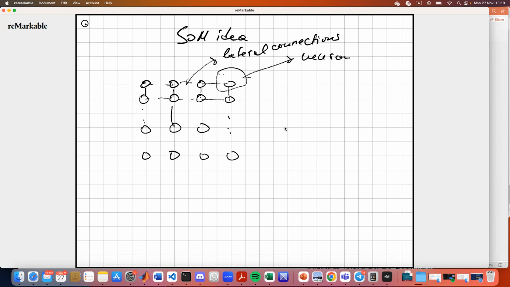And they will also have connections to an input. If you have an input here, the input is, for example, a feature vector.